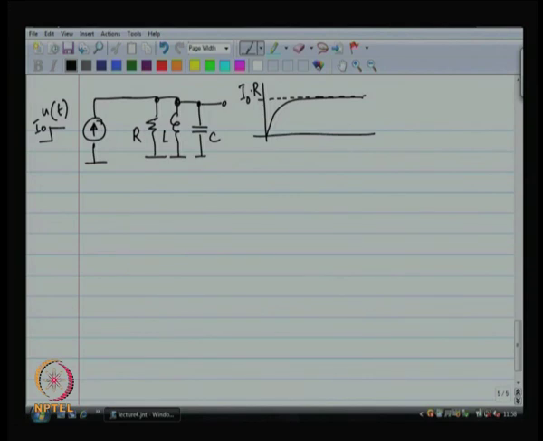So, what do you expect? You expect ringing. And if the resistance is more, then this shoots to a larger value, and the ringing is also going to continue for a longer duration.